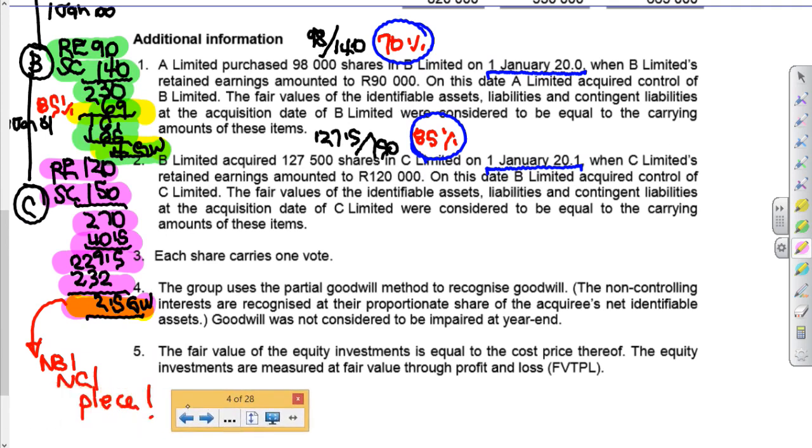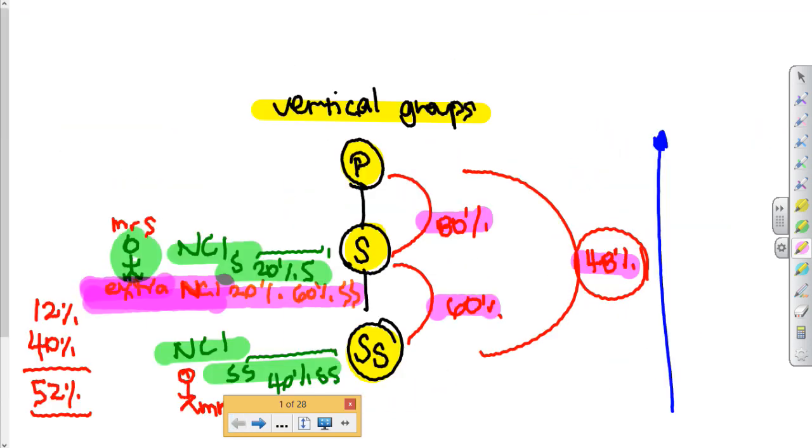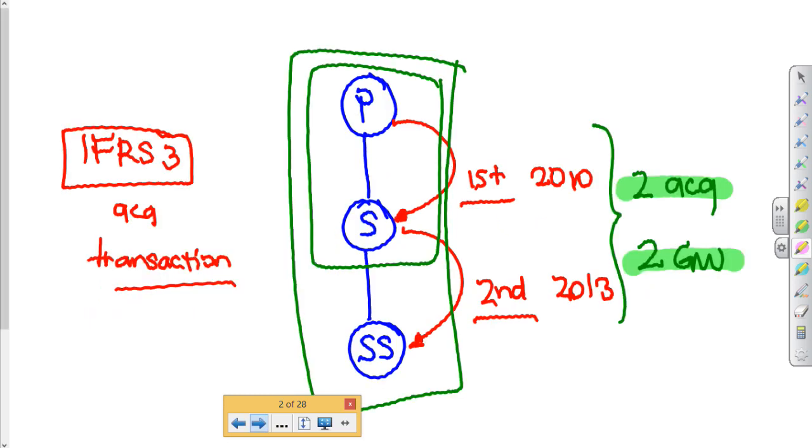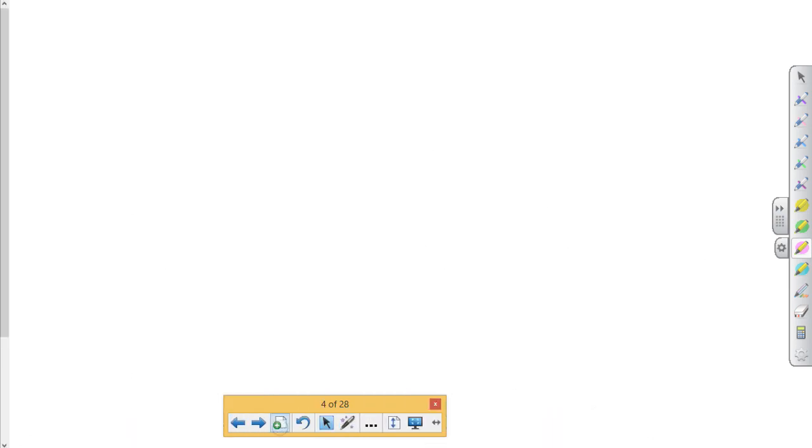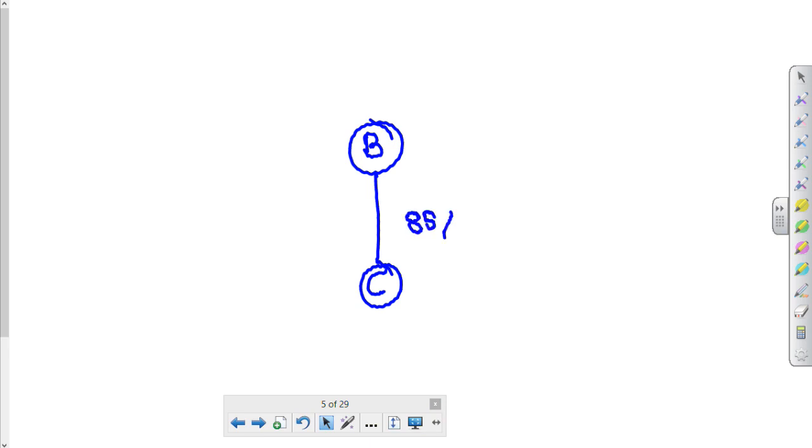It's important now, the first time we're going to see something about this vertical extra piece. Do you agree that if I look at the picture, there's this extra NCI who also bought? Let me actually draw it for this one. Okay, so my picture looks like this. B bought C. They bought 85%.